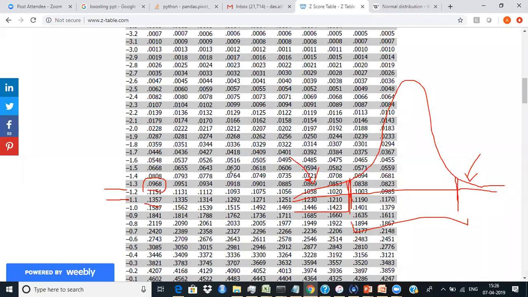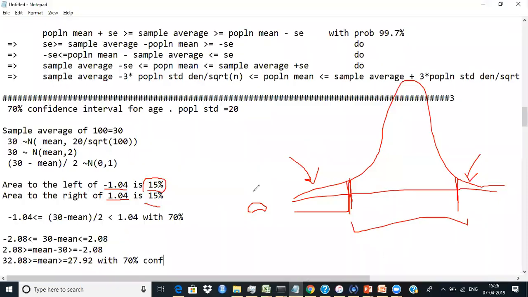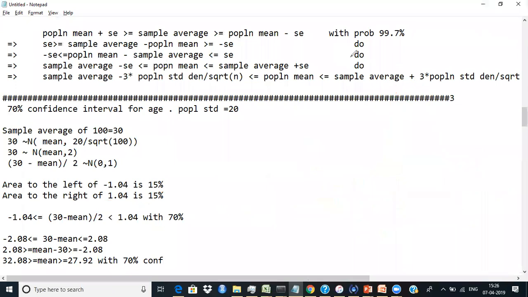So I'm looking for a 15% here. This is very close to 15%. So this is minus 1.04. That's how I got it. Okay, so now all of you understand this?